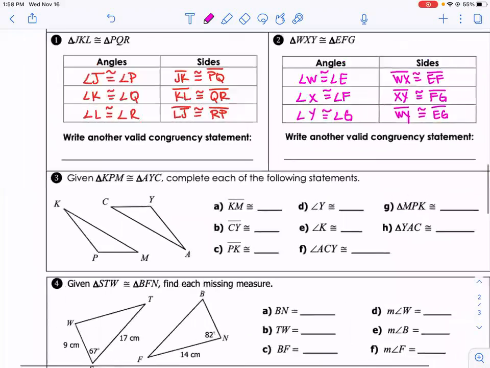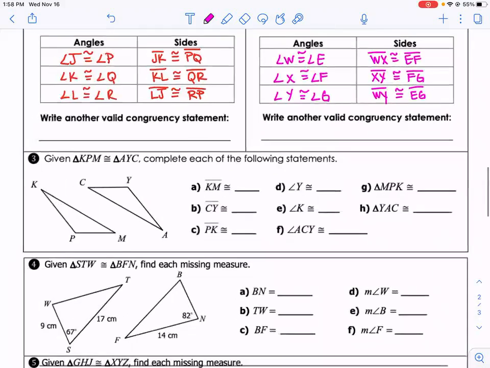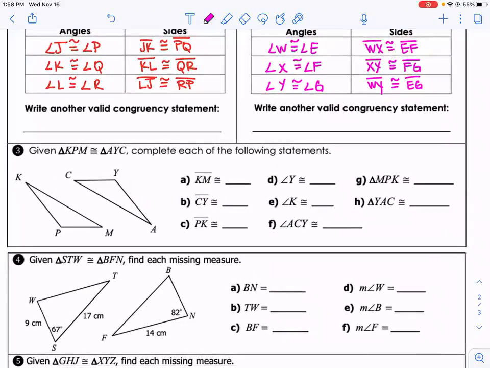Okay, so now let's come to this picture here. We have KPM is congruent to AYC. If I'm talking about KM, what side corresponds with KM in this second triangle? Is it CA or is it AC?